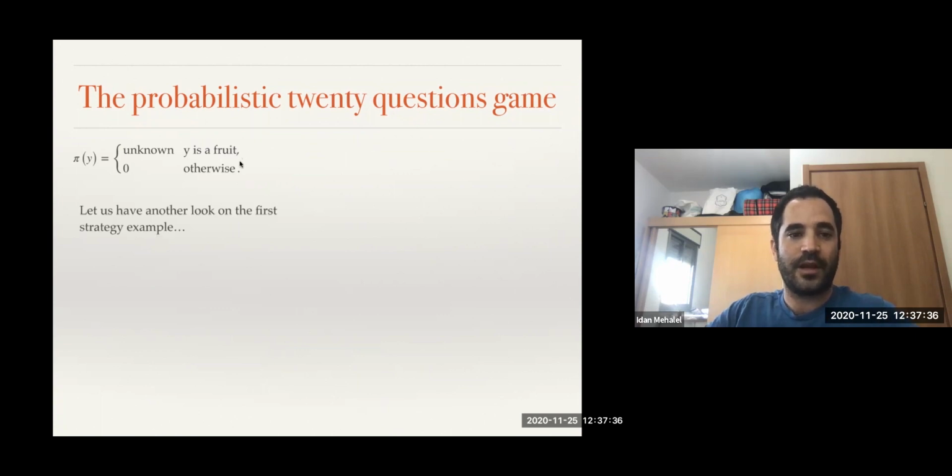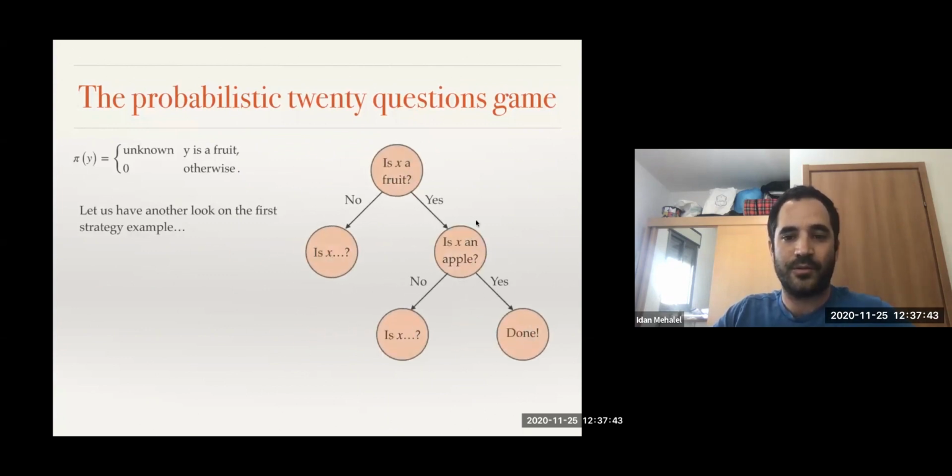So this is a reminder for the form of our probability. Now, we will take another look at the first strategy from before. This was our strategy when we talked about the basic 20 questions game. Now, if we know that our distribution is of this form, the first question, is X a fruit, seems completely redundant, right? There is no point in asking it at all, not as a first question and not as any question, because we know that y has to be a fruit.